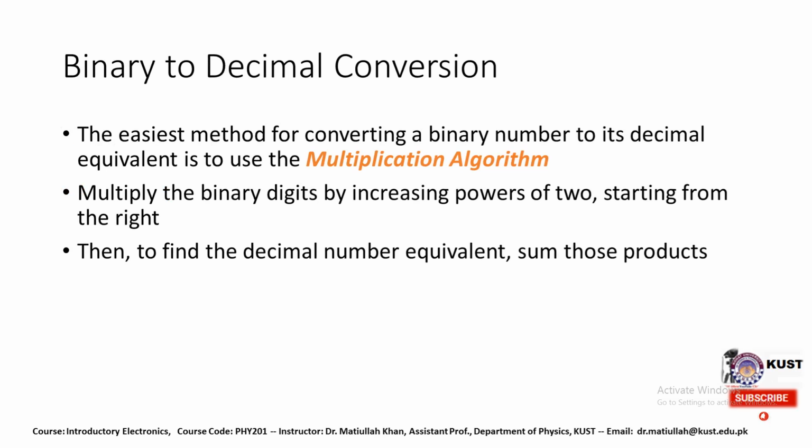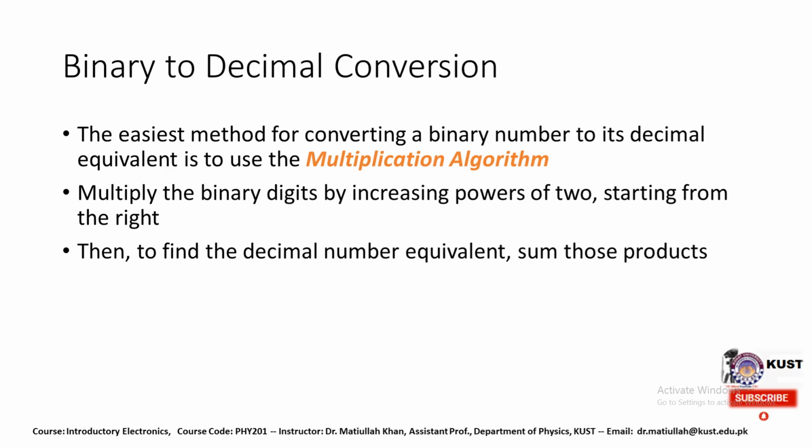So how can we convert binary into the decimal number system? This seems to be a different thing. In the last slide we saw how to convert decimal into binary. In this slide we want to know the conversion from binary to decimal. The easiest method for converting a binary number to its decimal equivalent is to use the multiplication algorithm.